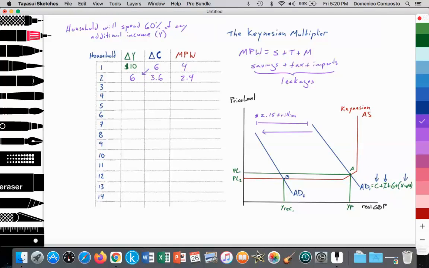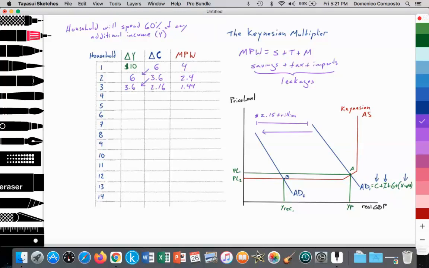When that second household spends $3.60, it's going to eventually end up in household number 3. So that household will get $3.60, and they're going to spend $2.16, and they are going to save $1.44.